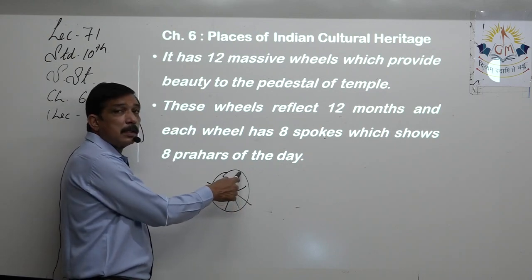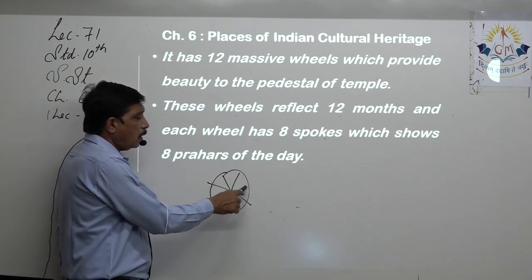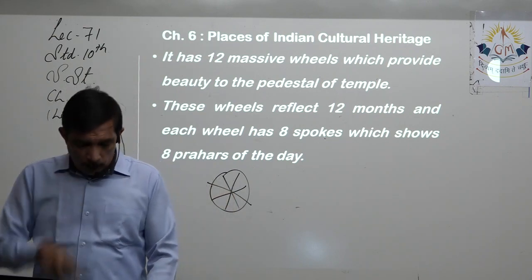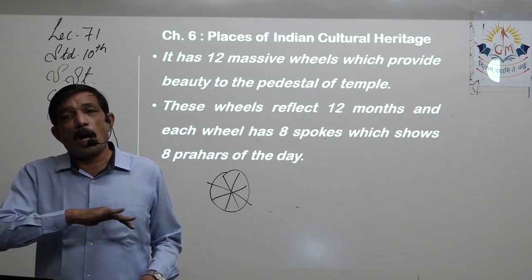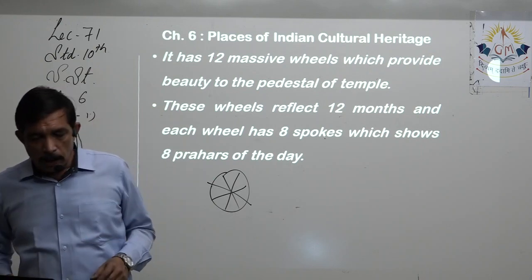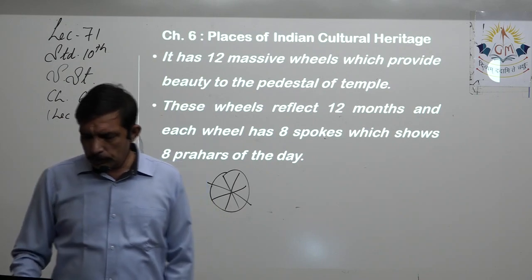Each wheel has 24 hours. That means 8 prahar. So each spoke of wheel represents 1 prahar. So 8 spokes per wheel. That means 24 hours per day, and whole of the month, and 12 wheels whole of the year complete.